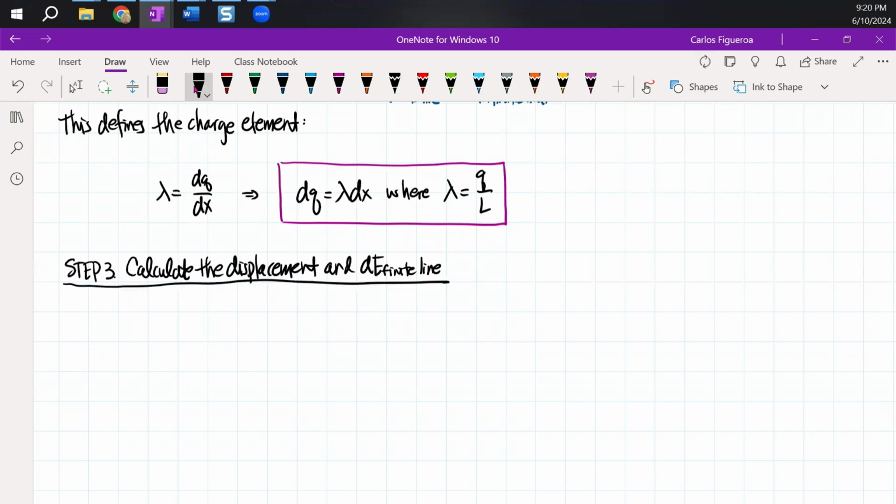That's what this step is trying to do here. So let's look at that.